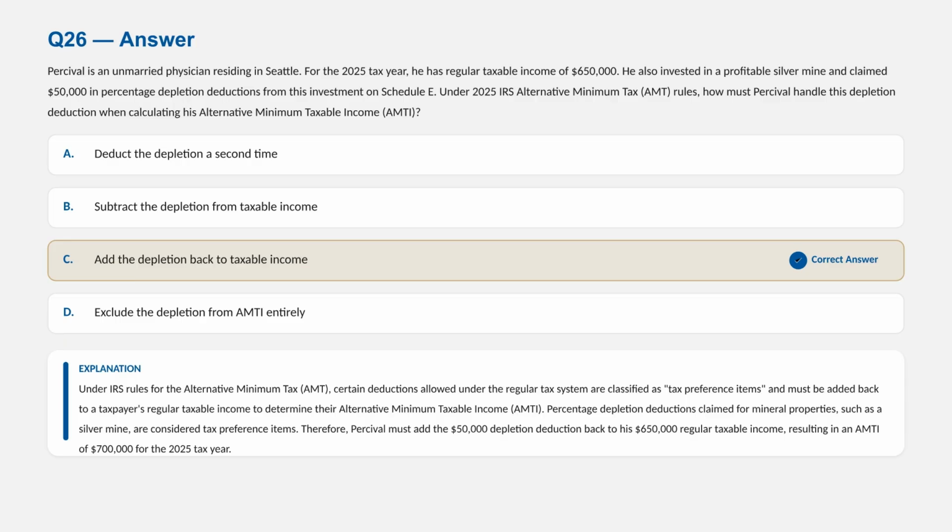Percentage depletion deductions claimed for mineral properties such as a silver mine are considered tax preference items. Therefore, Percival must add the $50,000 depletion deduction back to his $650,000 regular taxable income, resulting in an AMTI of $700,000 for the 2025 tax year. Great, now let's move to our next question.